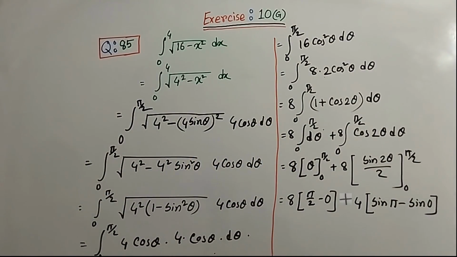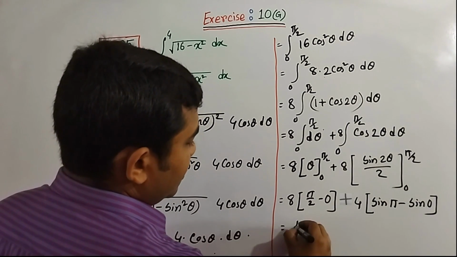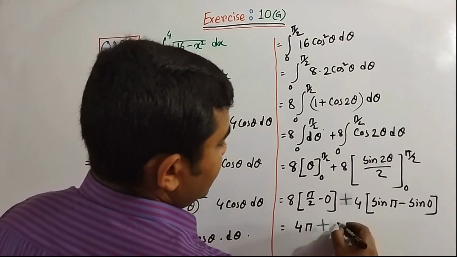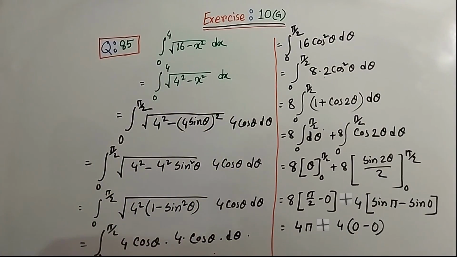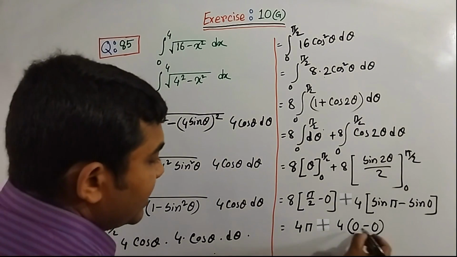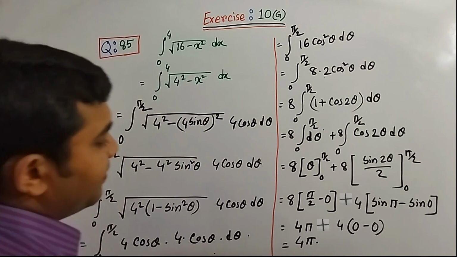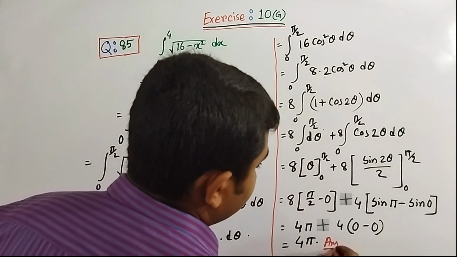And now we finally get 8 into pi by 2, it is 4 pi, minus 4 into sine pi, because we know that sine pi, that is sine 180, is nothing but 0, isn't it? And finally here we get this whole part as 0, so the answer is 4 pi. So the answer is 4 pi, and that is our required answer.